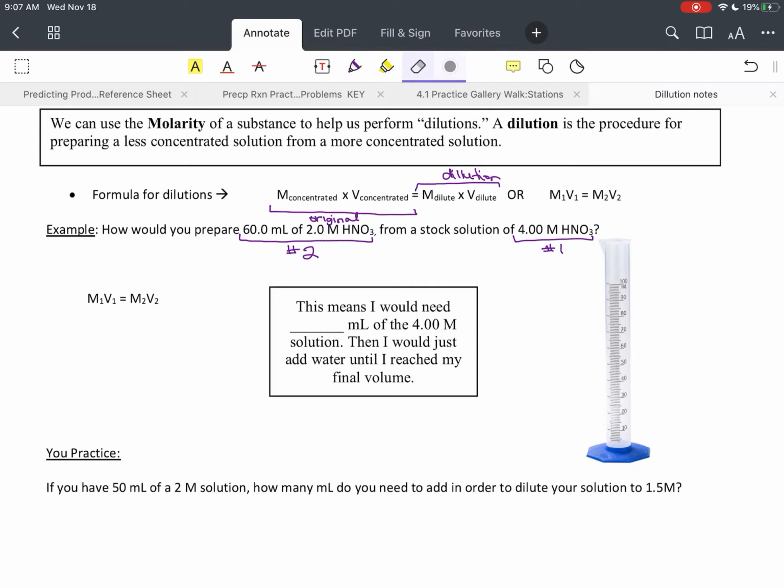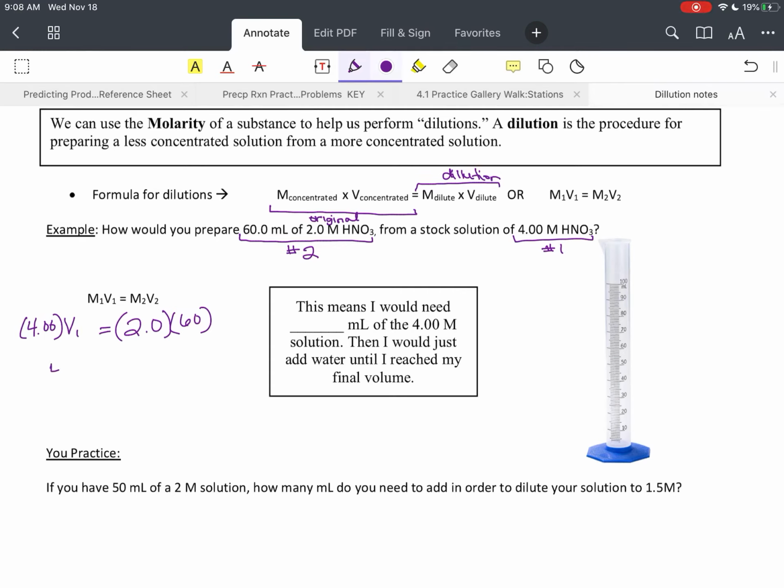M2 is 2.0, and the volume is 60. Then my molarity for number 1 is 4, and I don't know the volume. That's what I'm looking for: how much of this original solution I'm going to need.